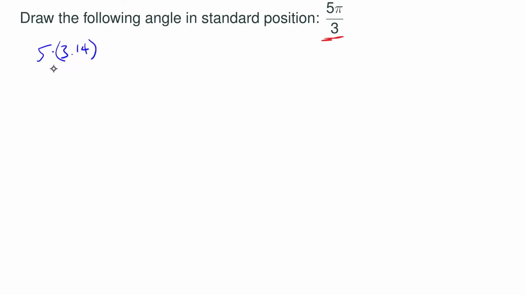So we have 5 times 3.14 over 3, which is 15.70 over 3. So this is about 5 pi over 3.